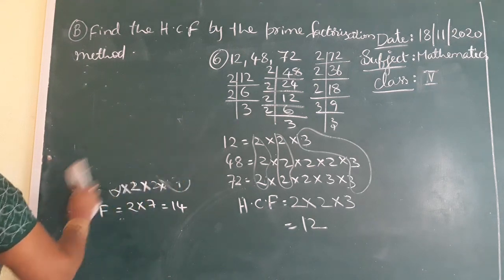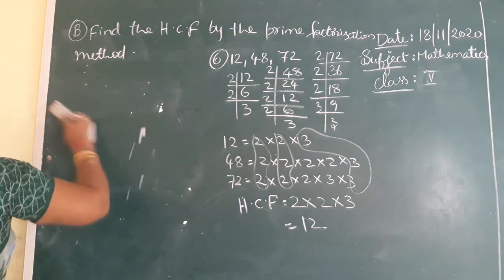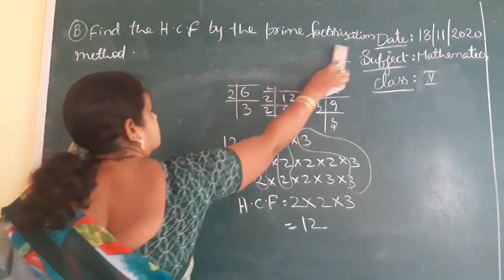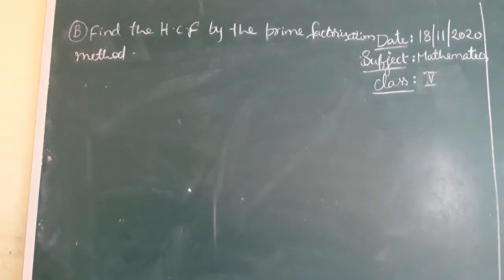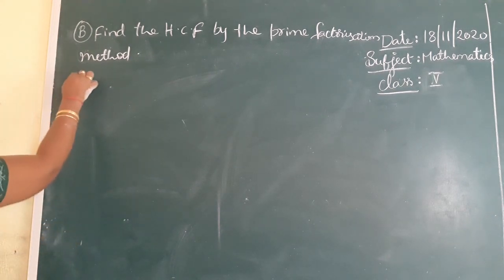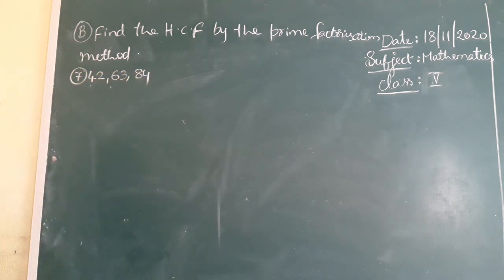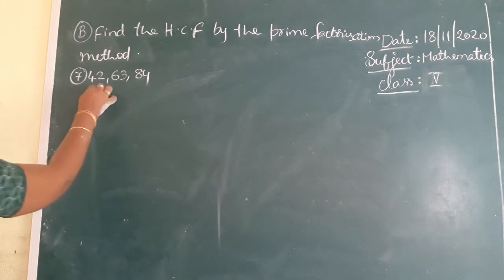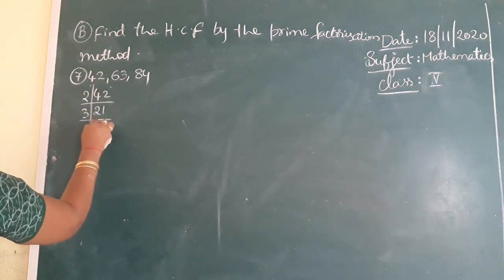7th one. Next, 42, 63, 84. Okay, right. Prime factors of 42: 2 21s, 3 7s, 21.